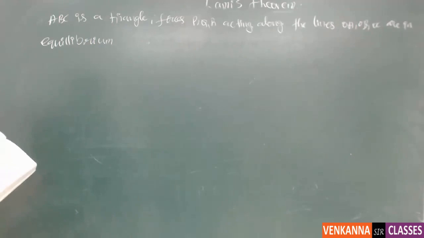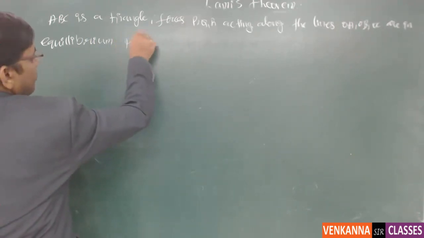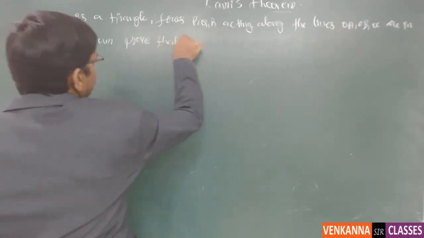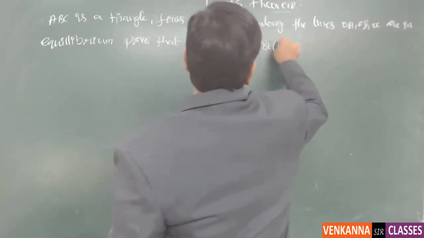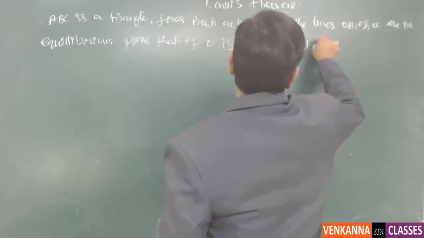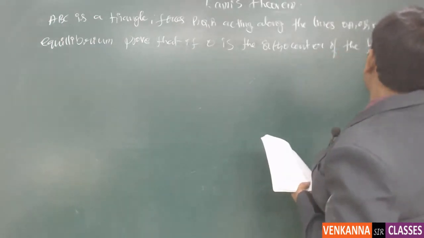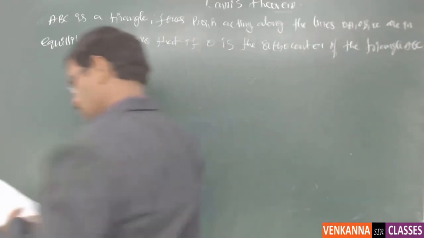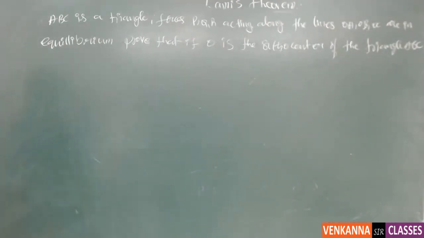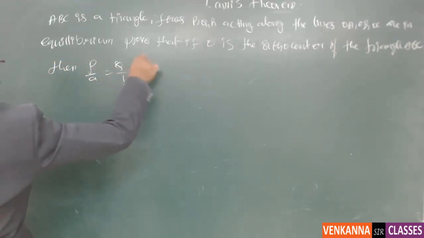Prove that if O is the orthocenter of the triangle ABC, then P by A equal to Q by B equal to R by C.